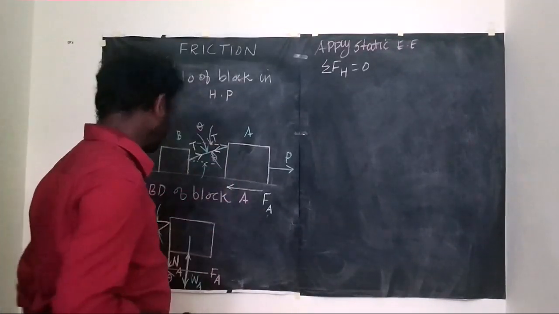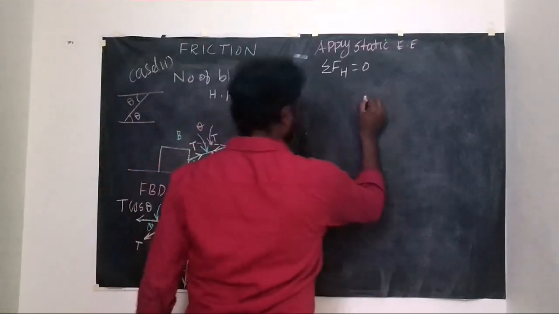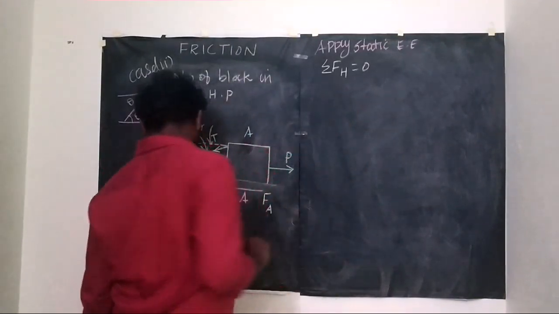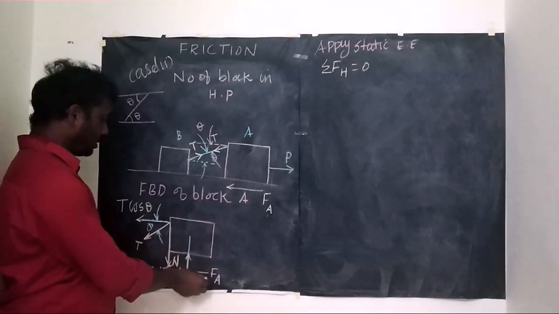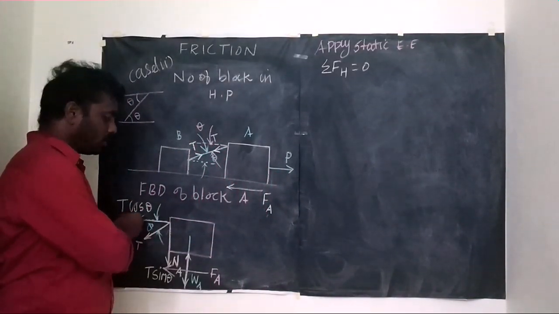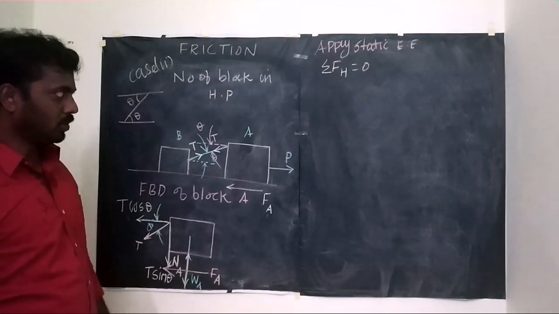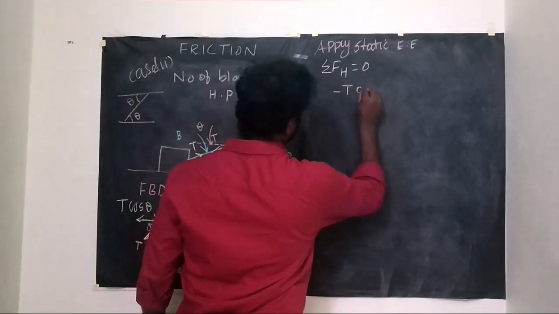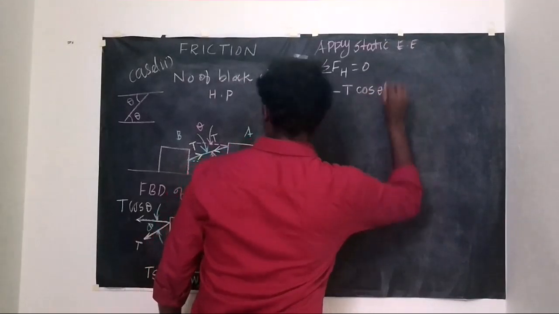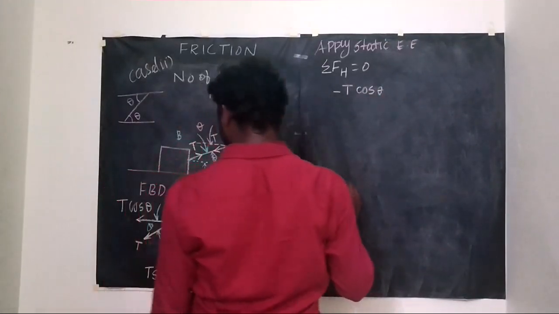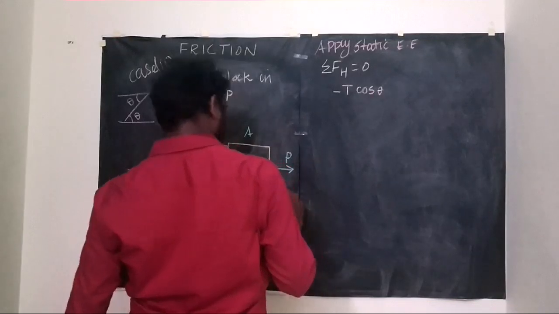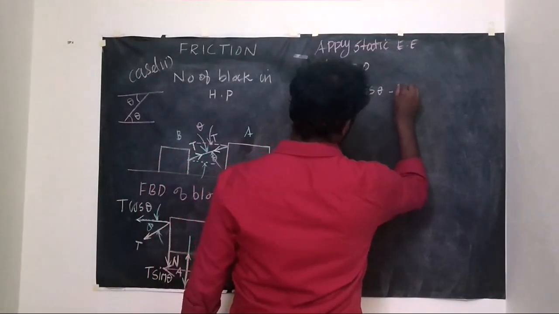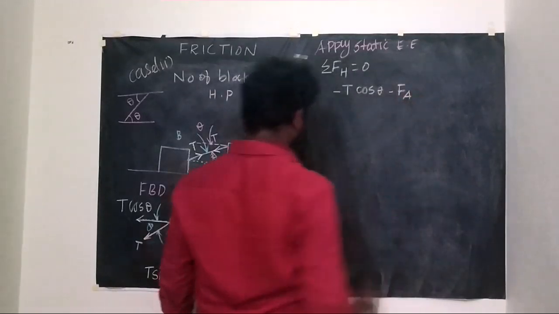Both come in negative. Okay, F A and this horizontal component acting towards left are assumed as negative. Minus T cos theta, then minus F A.